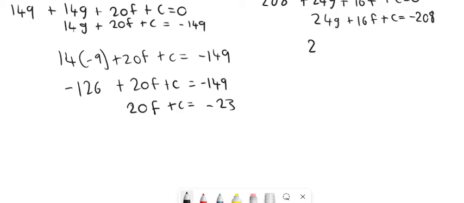So now I'm putting minus 9 again for g. If you do 24 times 9, we get 216.